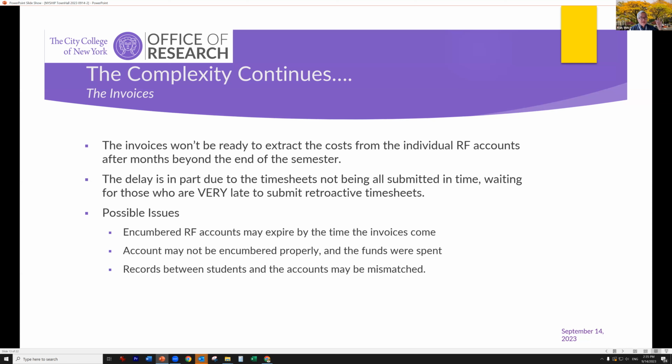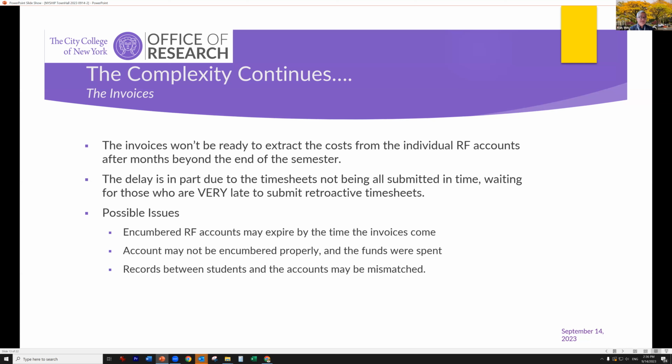Think about that: the spring 2022 invoices did not come until spring 2023. Even though we encumber those costs on the RF account, that project ends in fall of 2022. Supposedly, you have plenty of time after spring 2022 to pay for those costs. But the invoice did not come until spring of 2023, when the project already ended.